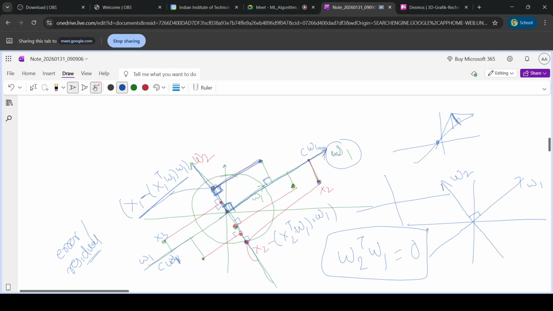So here with the 3D, you calculated one residual, like this is one projection, and then you plotted it on this w1 and w2.